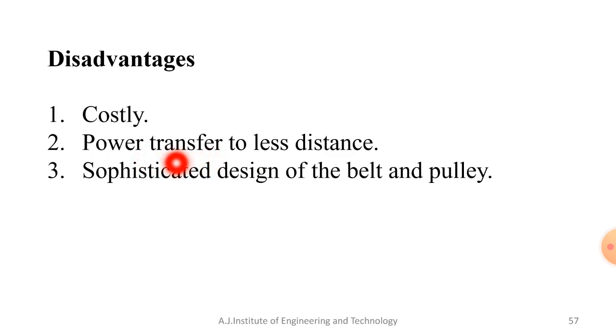You cannot transmit power for a lesser distance, because all the belt drives are used to transmit power for a longer distance, but gear can be used for a shorter distance. Then there is the sophisticated design of the belt and pulley, the complex design, because it is having teeth over the pulley as well as the belt. That's why the design is somewhat complex.